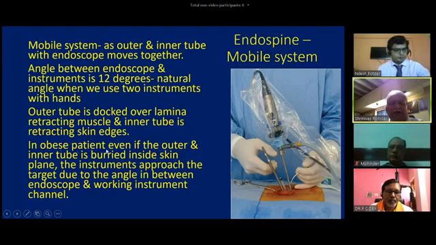In obese patient, even if the outer and inner tube is buried inside the skin plane, the instruments approach the target area due to the angle between the endoscope and the working channel, which remains same. That angle doesn't change. So in obese patient, that angle doesn't become acute, or in thin patient, that angle doesn't become wider.